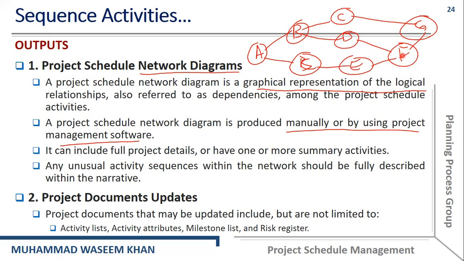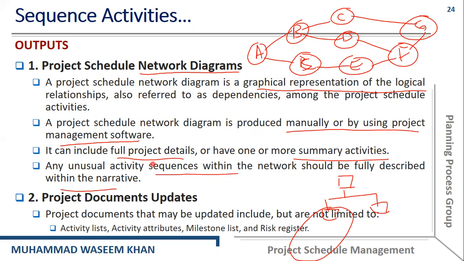So this is one rough example of the graphical representation of different logical relationships among different activities. A project schedule network diagram is produced manually or by using project management software like Microsoft Project or Primavera P6, etc. So these are different software that can be used for drawing the project schedule network diagram.